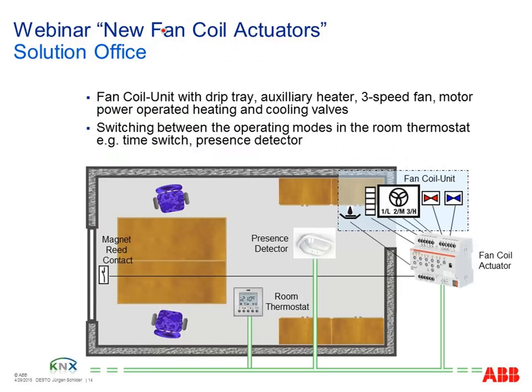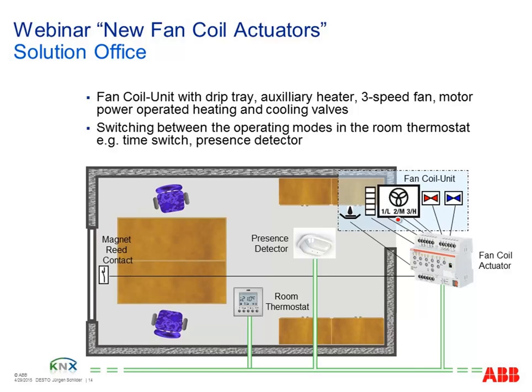Going a bit more into detail, also together with other KNX devices, we have here an example of an office solution, where we of course need temperature control. Let's assume we have both heating and cooling. You see here already one of our new fan coil actuators with the typical connections we need. Valve control, 2 different valves can be controlled.